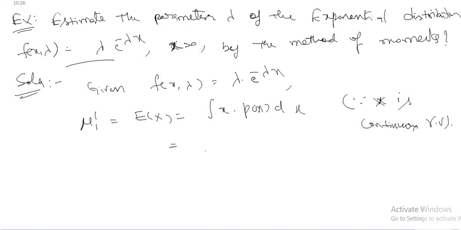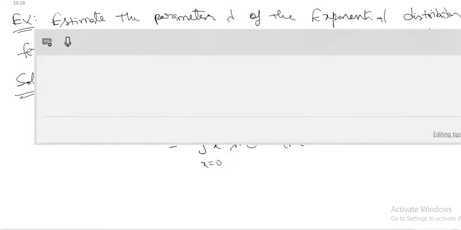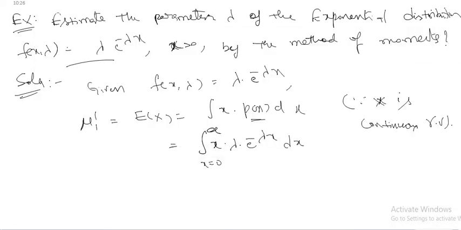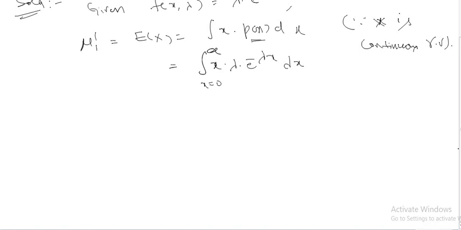Okay, integration. What about p of x? Lambda into e power minus lambda x, and x from 0 to infinity are the limits. Lambda is a constant, so take it outside.